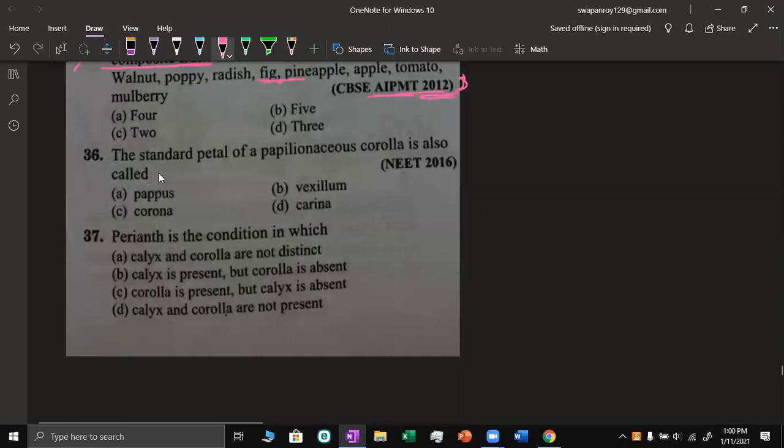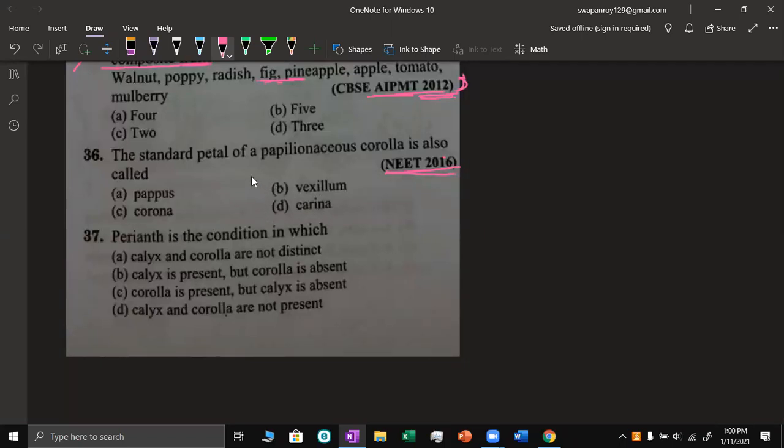Here is one: the standard petal of papilionaceous corolla is called? This one is NEET 2016. This is a very simple question, but still it comes. The options are Pappus, Vexillum, Corona, Carina.